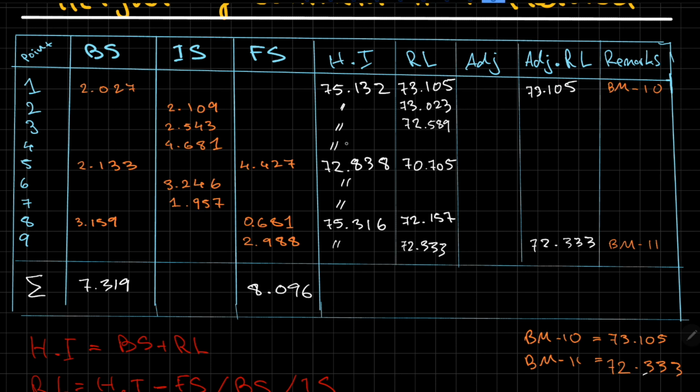Okay, next one, height of instrument minus intermediate side, we get 70.451. Okay, next one we already calculated previously, so we can skip that one. So next one, we're going to get 69.592.